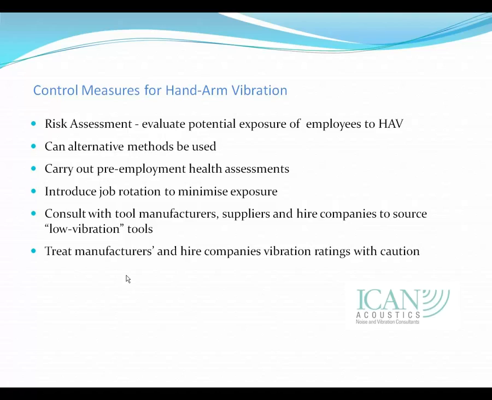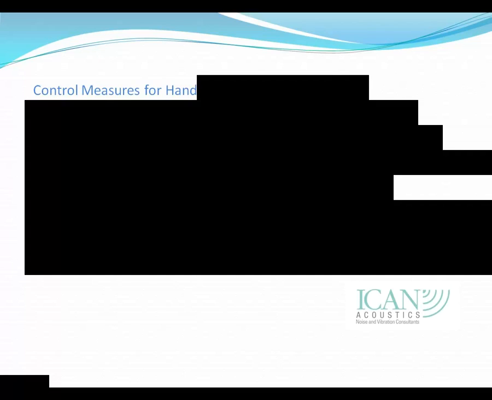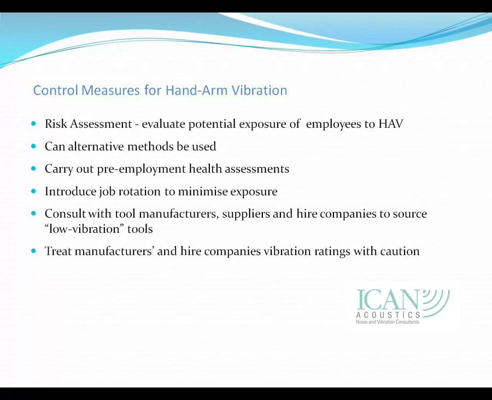So you need to really know what kind of vibration levels they produce. So I would just advise you to treat manufacturers' and hire companies' vibration ratings with a little bit of caution. It may be a lower vibration machine than a previous machine that they had, but it doesn't necessarily suggest that it's not going to cause damage or injury. So just keep that in mind.